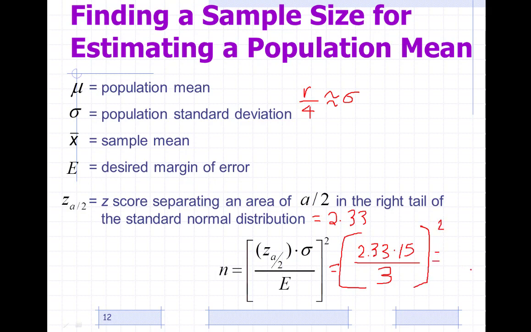So when I do that math, divided by 3, and then I want to square that value, and I get 135.7. Well, we can't find 0.7 lawyers, so we would round this to an estimate of 136 should be our sample size.